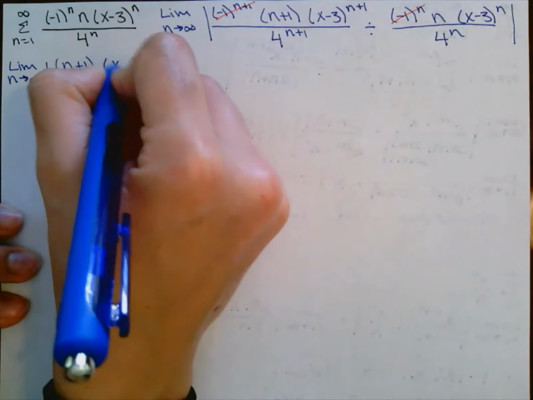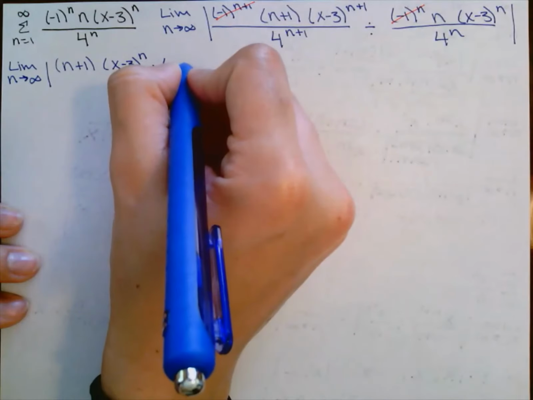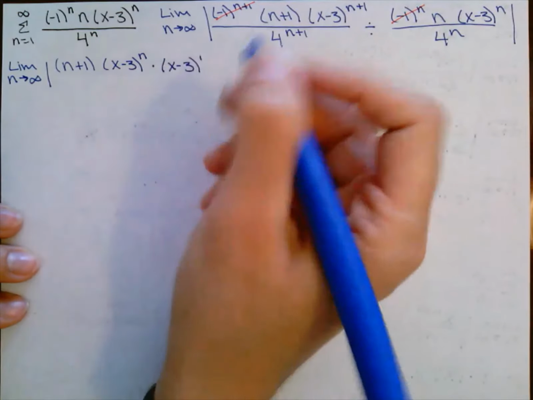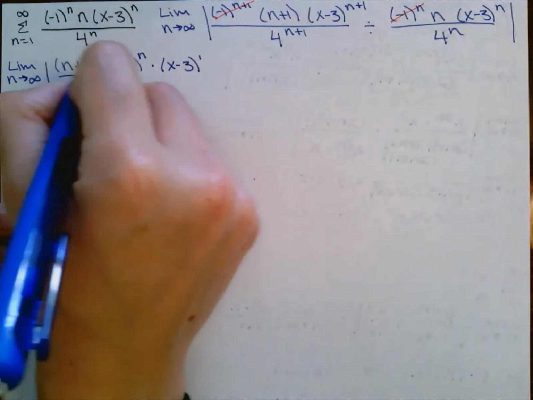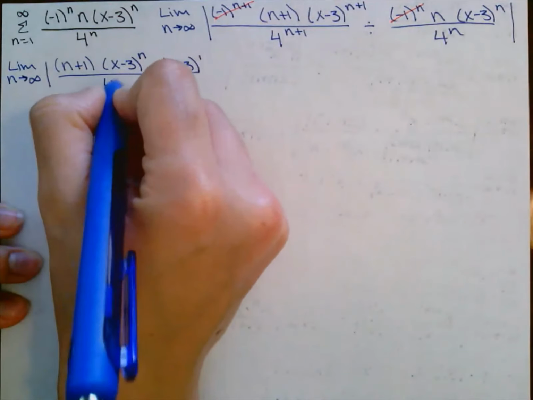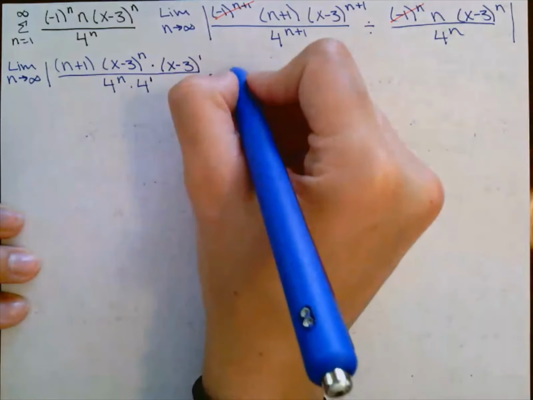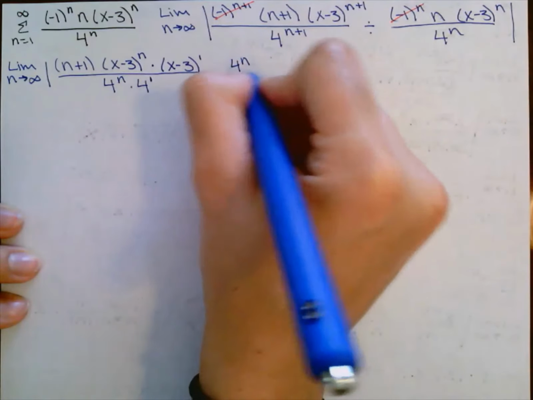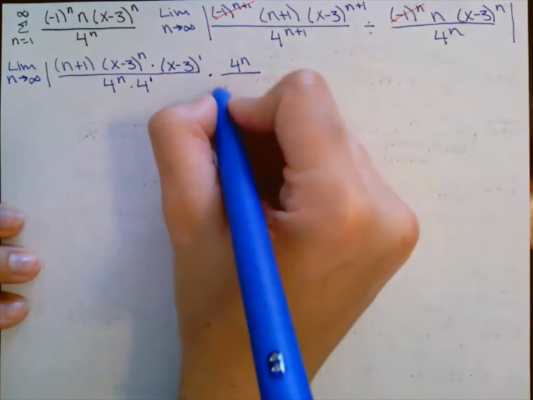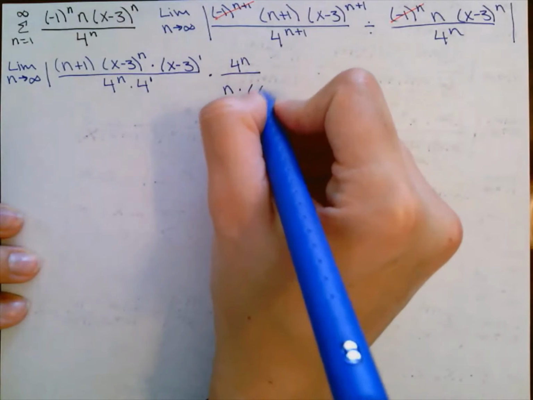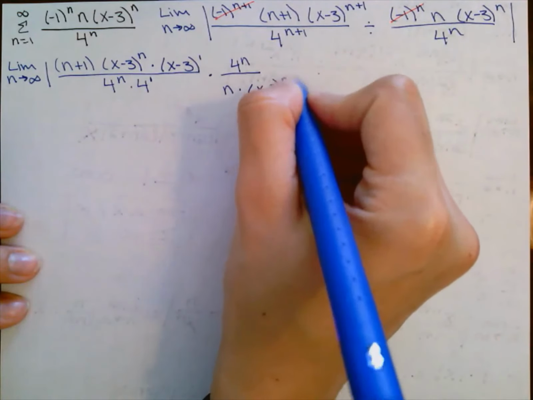The x minus 3 goes to n, and we separate it by multiplication, and x minus 3 also goes to the first power. Okay, 4 to the n times 4 to the first. This changes to multiplication. My 4 to the n goes to the top. And on the bottom, I'm left with n times x minus 3 raised to n.